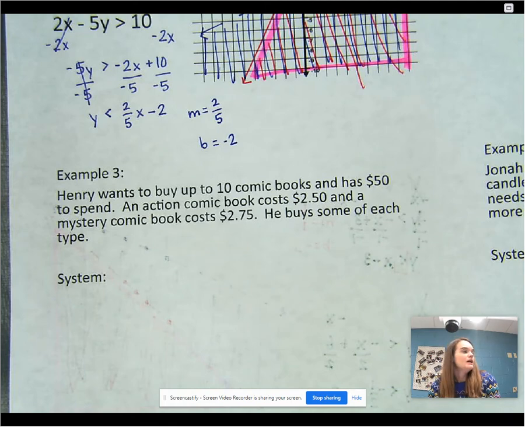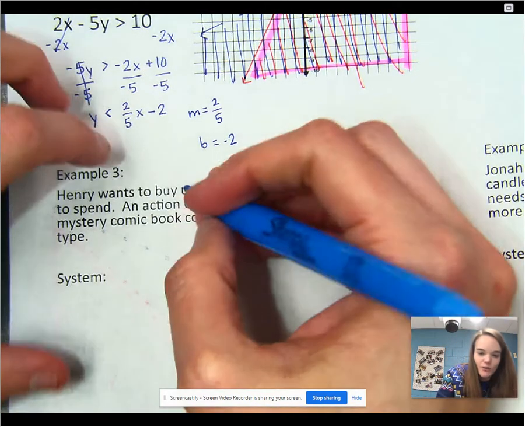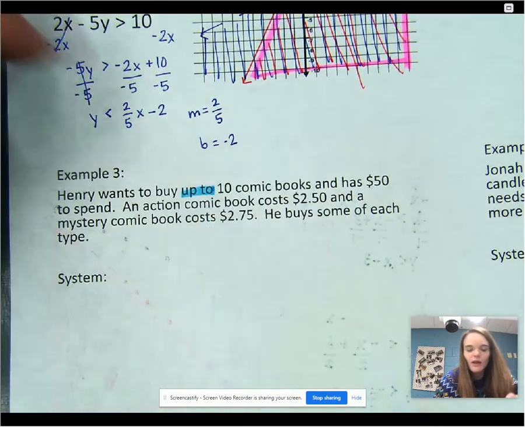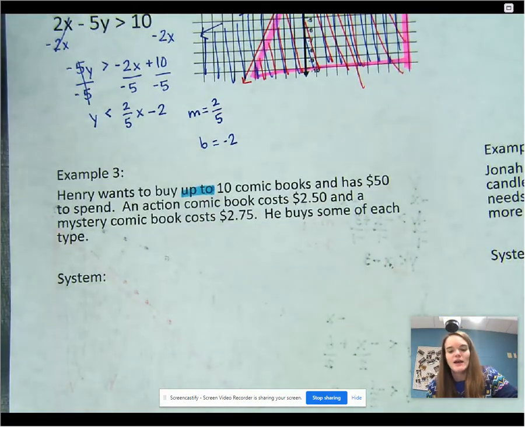All right, example 3. Henry wants to buy up to, highlight the words up to in blue, 10 comic books and has $50 to spend. An action comic book costs $2.50 and a mystery comic book costs $2.75. He buys some of each type.